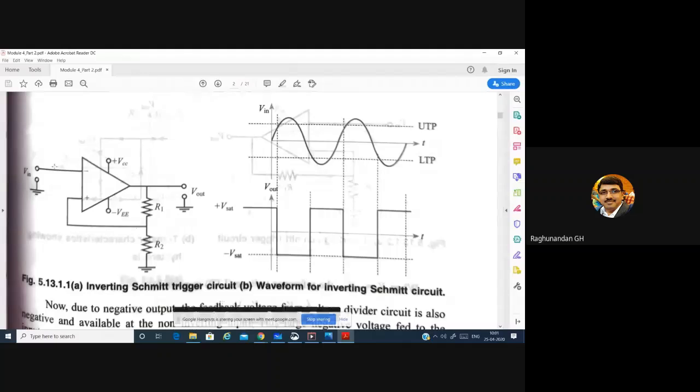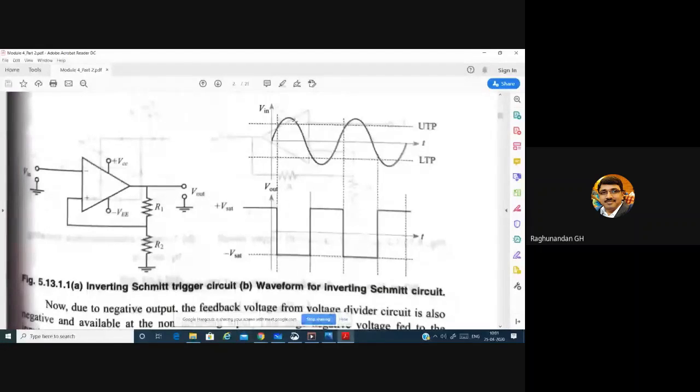So UTP and LTP. Whenever the input is crossing the UTP level, during that time, which will be greater, the input or UTP?